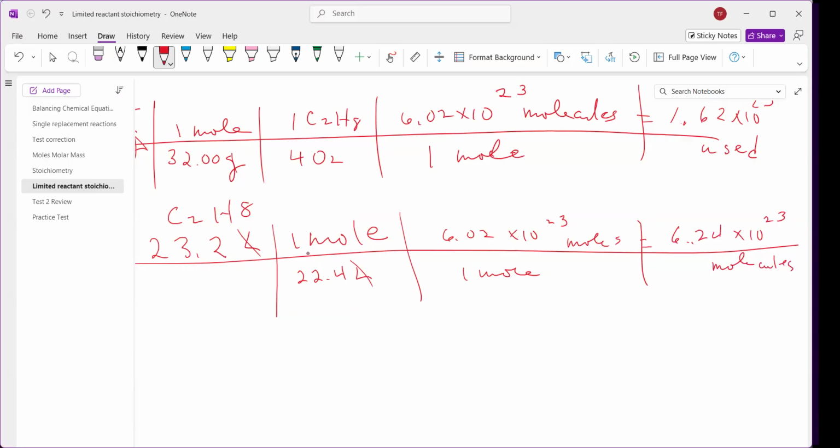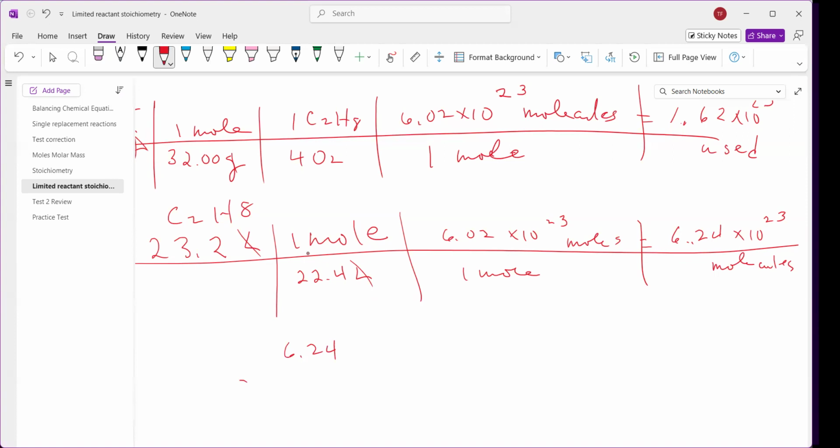So we started with 6.24 times 10 to the 23rd molecules, and we used 1.62 times 10 to the 23rd. Whenever you subtract or add scientific notation, you've got to get the exponents the same.